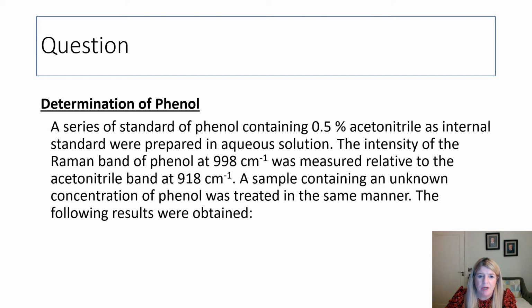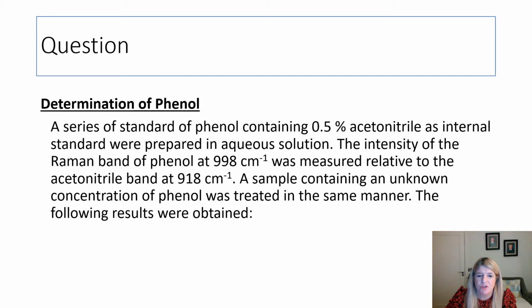The intensity of the Raman band of the phenol at 998 wave numbers was measured relative to the acetonitrile band, which was at a different wave number of 918 wave numbers. So this band is due to the internal standard, which is acetonitrile.